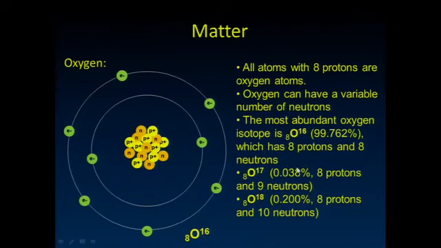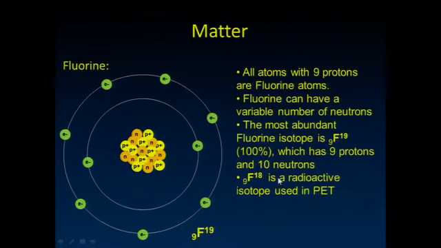And a very small percentage of naturally occurring oxygen is in those two forms. So O17 has 8 protons and 9 neutrons, and O18 has 8 protons and 10 neutrons. As a matter of fact, you can use O18 to make F18 if you want, that we're going to use to image in PET. And I guess all you need to do is go out, and there's plenty of seawater out there, right? And 0.2% of it is going to be in the form that we would need to do that.